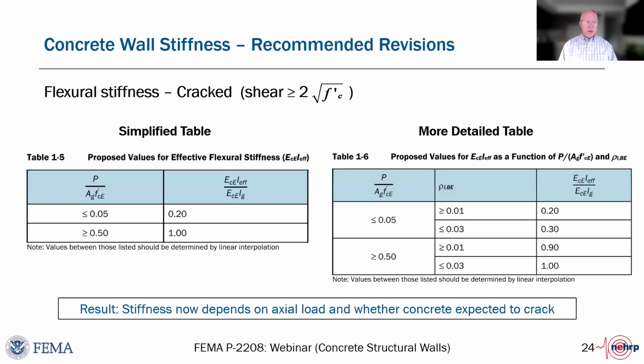So it says greater than or equal to 0.01 and less than or equal to 0.03. I confirmed that the table that is here is as it appears in FEMA P-2208. But Table 7.3-1 in ASCE 41 is not that way. It is less than or equal to 0.01 and greater than or equal to 0.03, which might make sense, but I don't know the correct answer.